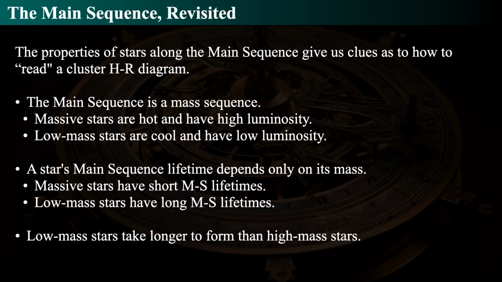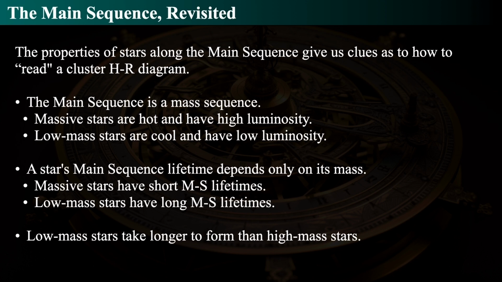So what we look at with the main sequence is that you can read the cluster diagram. Now remember, in the main sequence, massive stars are hot, they have high temperature and high luminosity. Low mass stars are red and cool with low luminosity. And as we saw previously, on the lifespan of stars, main sequence lifetime depends only on its mass. Massive stars live a very short period of time. Low mass stars have a very long period of time.